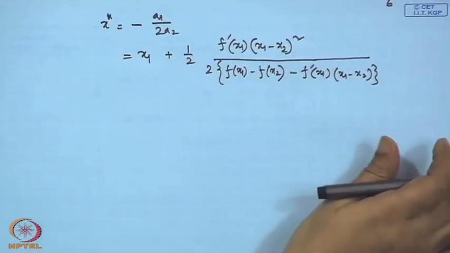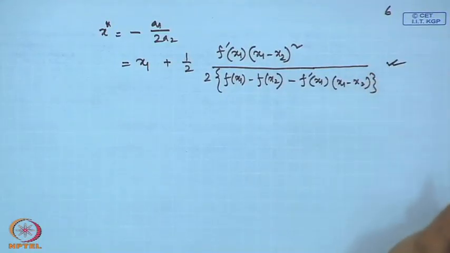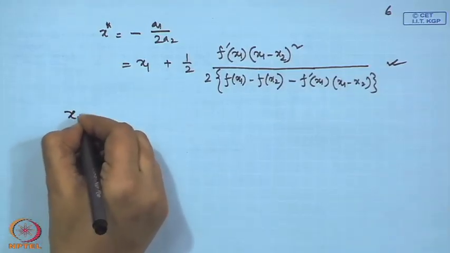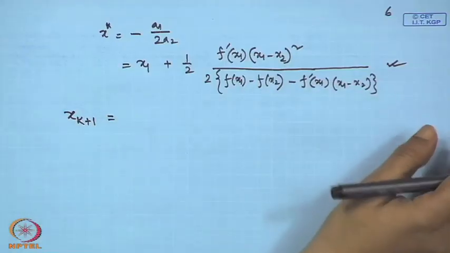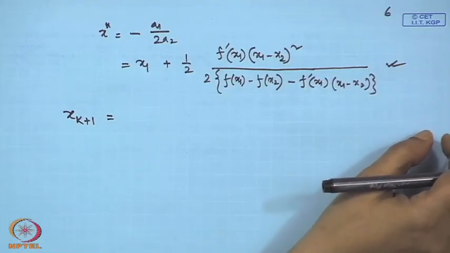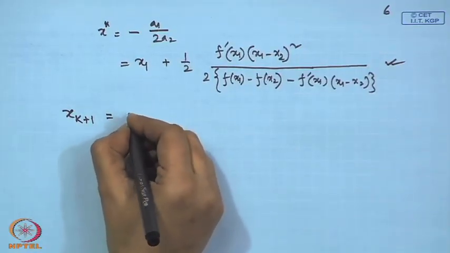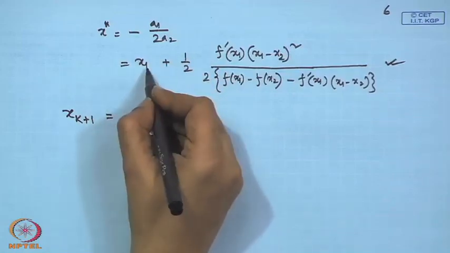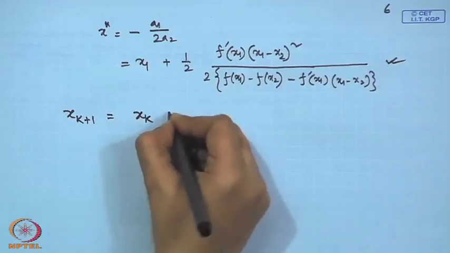This is the value for the optimal point. Now, we can develop the iteration process from this equation by substituting x star as the next approximation when x k and x k minus 1 values are given to us.